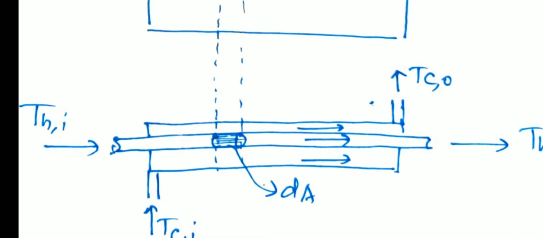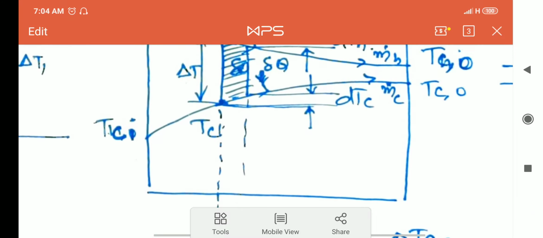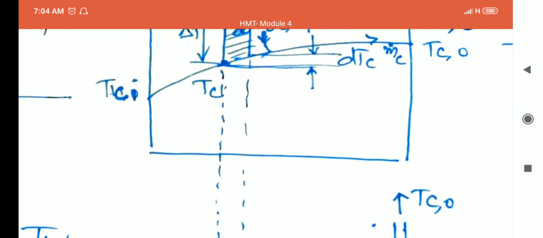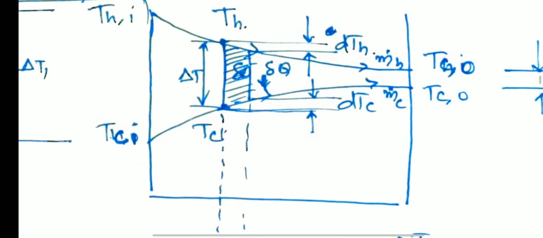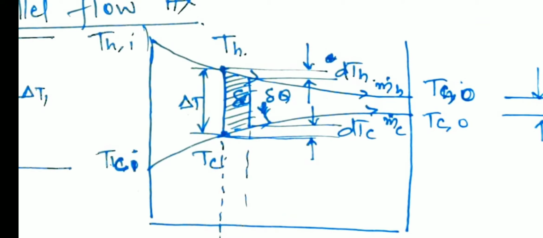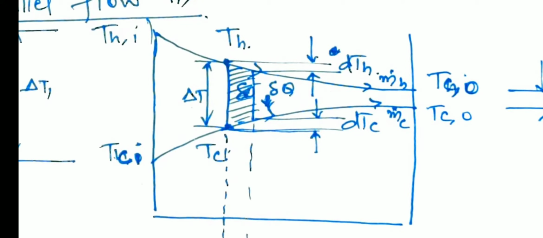Since we know that there is a temperature distribution across the length, we can use the differential integration concept. We will use a small differential area dA, analyze that, and integrate it over the entire length to find the temperature distribution for the whole length of the heat exchanger.